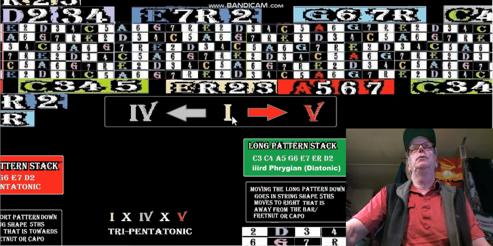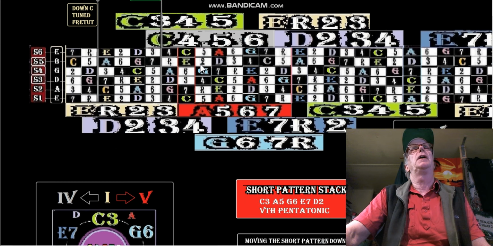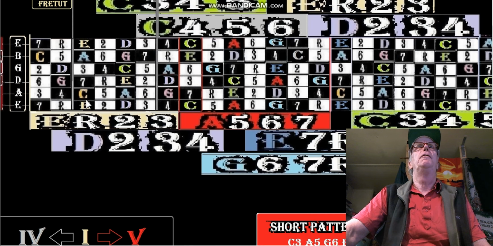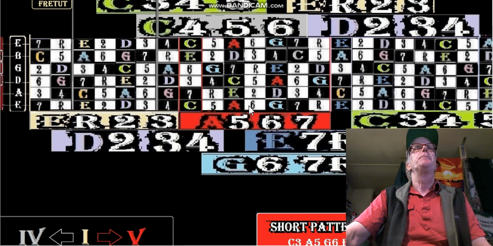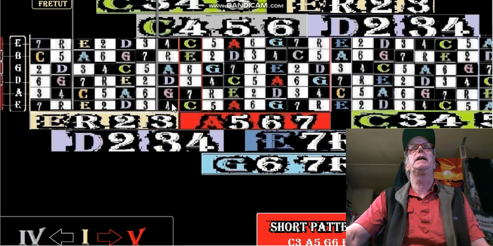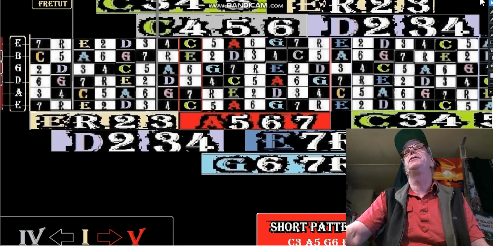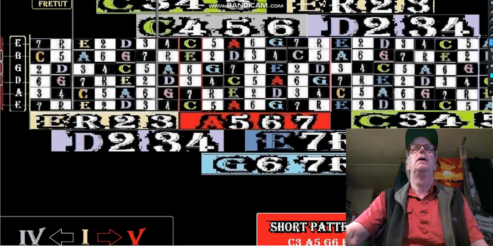motion that'll go horizontally. So why do we want to look at horizontal motion? Why do we want to say that the fourth of the root 2, 3 string shape is 4, 5, 6 horizontally? Because if we want to play the 4, 5, 6, we've got a duplication of this note string here.